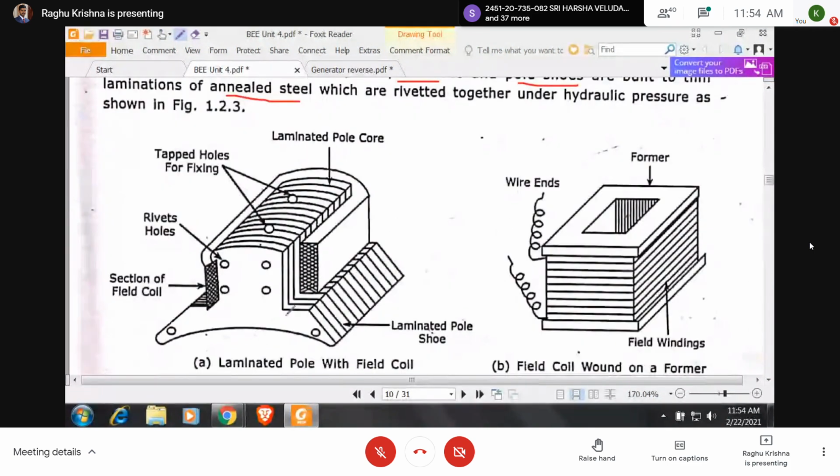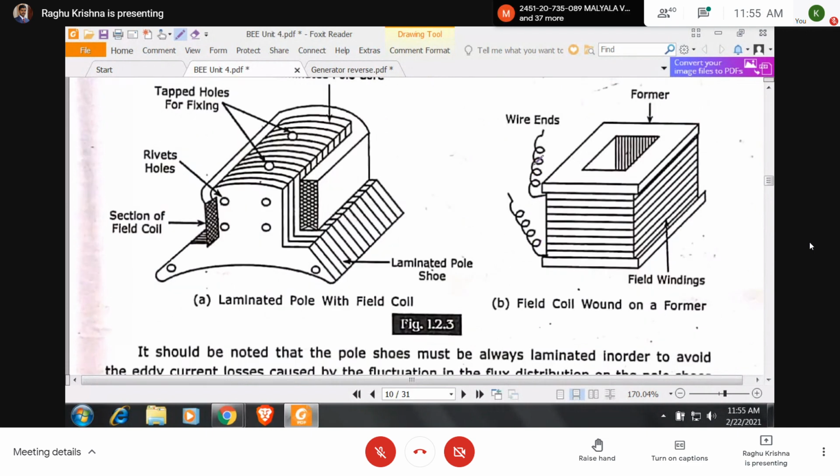See here, this is the diagram. Here, pole shoe and pole core, you can see both are laminated. Laminated pole core, and here laminated pole shoe. So you are going to have this winding on this pole core.